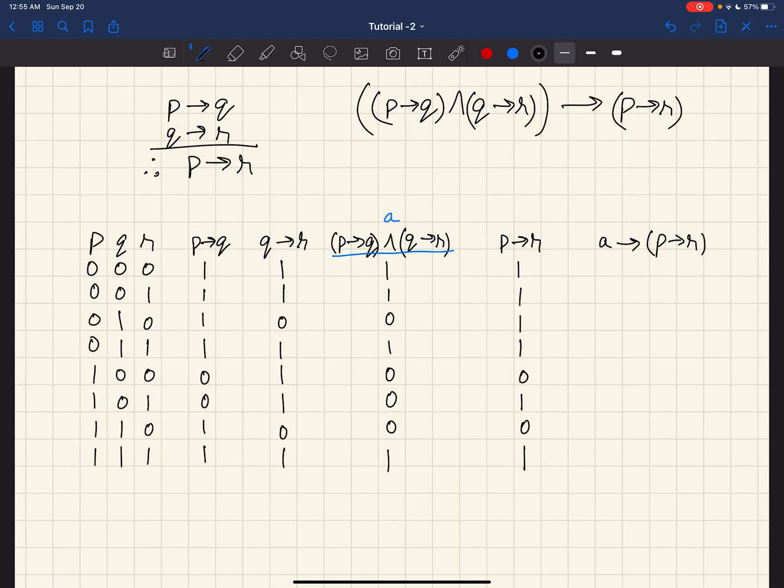So first we write all as 1 where P implies R was 1. So it would be 1, 1, 1, 1, 1 and 1. And wherever P implies R was not 1, so wherever it was 0, your A was 0 as well. So this is 1. So the whole statement was a tautology.